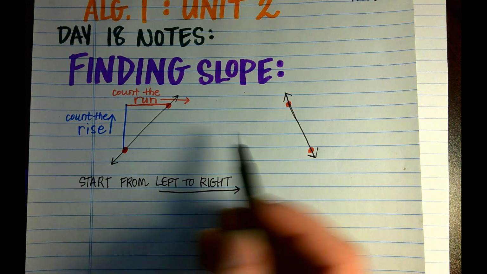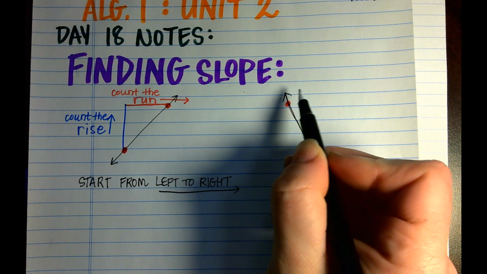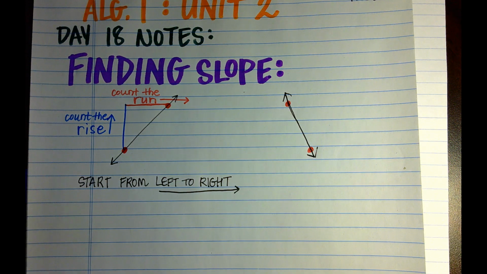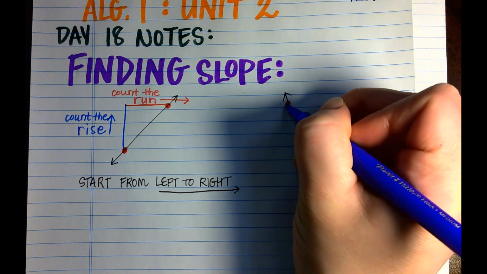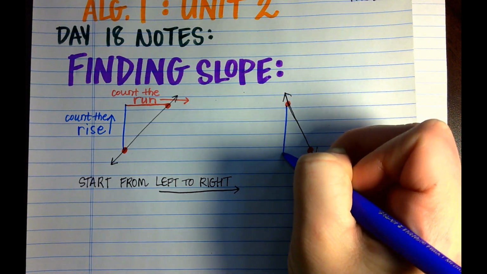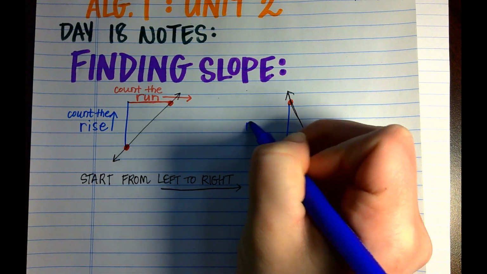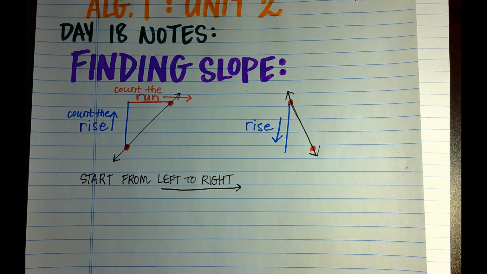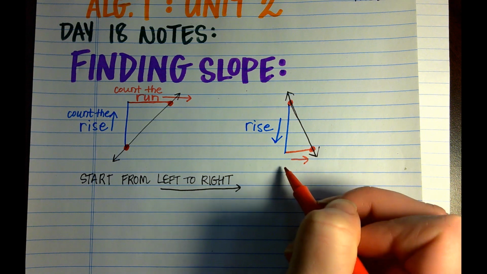But this time, when I am looking at the left side of this line, it's the higher point that comes first. So when we count the rise here, we would be going down with our line. Then we would go over to the right for our run.